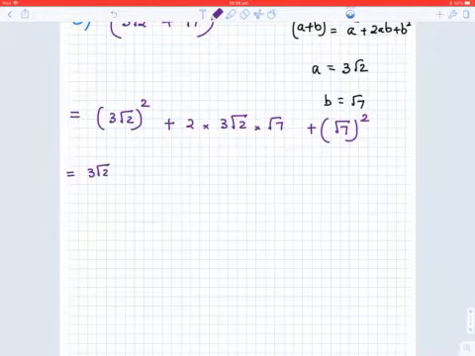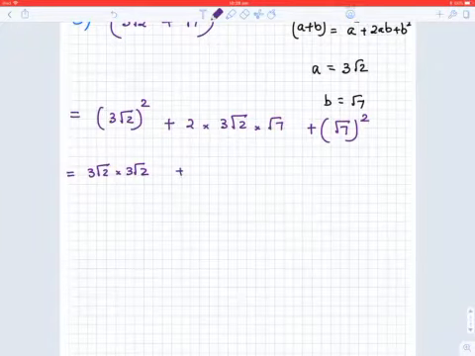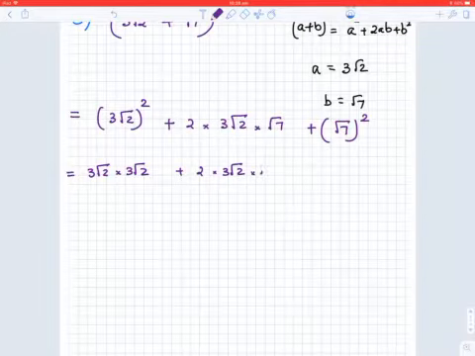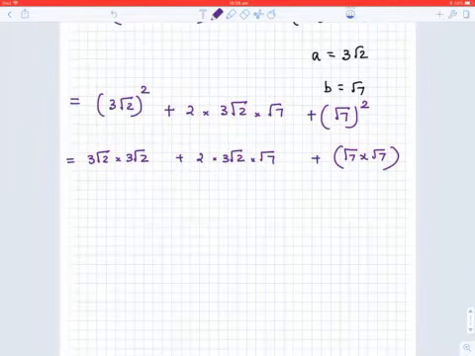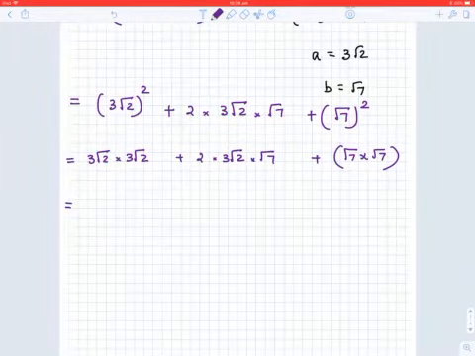Now we are going to do the expanding business, so remove the bracket. So this could be written as 3 root 2 times 3 root 2, then plus 2 times 3 root 2 times root 7, and that would be root 7 times root 7.